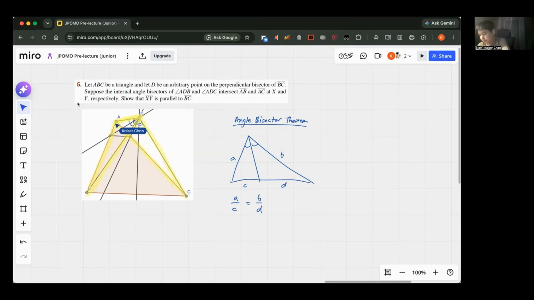So notice that if we do the angle bisector theorem on triangle ADB, then we have that DA over AX is equal to DB over BX. And from triangle DAC, we also have that DA over AY is equal to DC over CY.